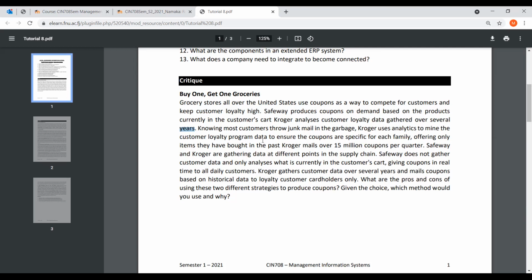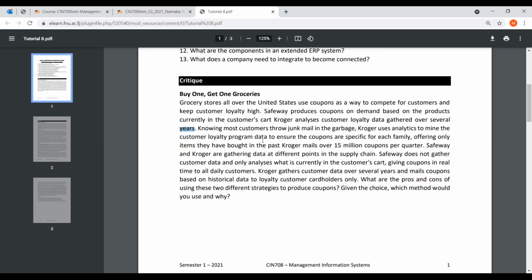So that's a pro. Now, the con or disadvantage in such a case is that it becomes very difficult to have loyal customers or a good customer retention rate. Why? It does build a certain level of customer loyalty because you're giving coupons, so customers will return every now and then.